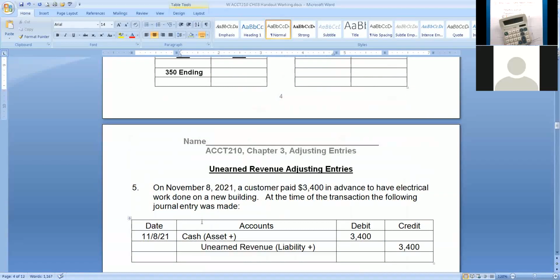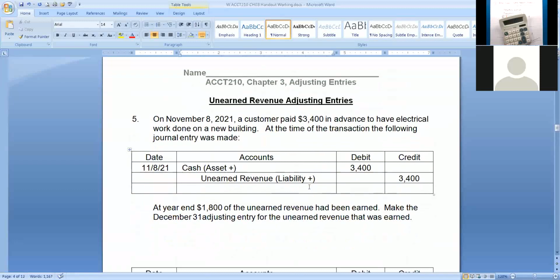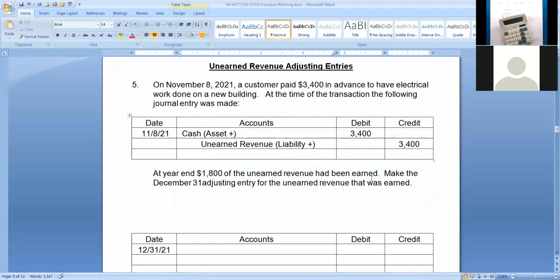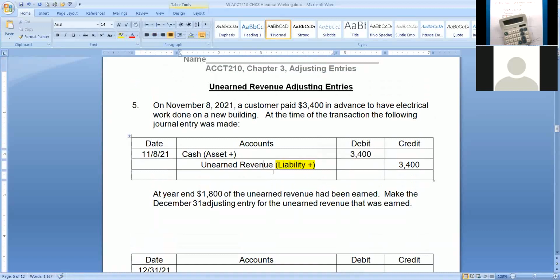Unearned revenues. This is when someone pays us ahead of time. And you'll notice that the unearned revenue really isn't a revenue at all. It's a liability.